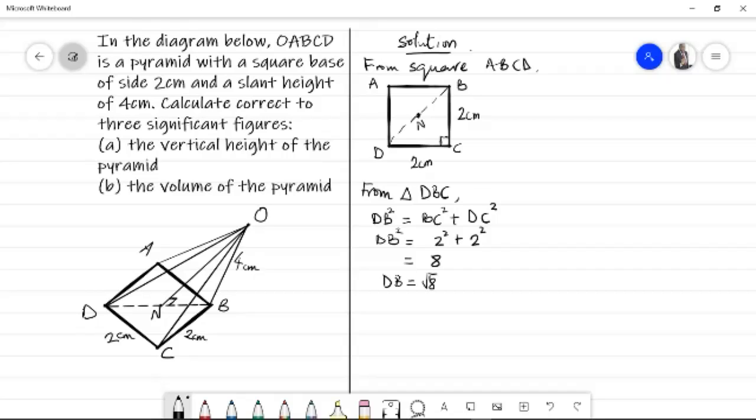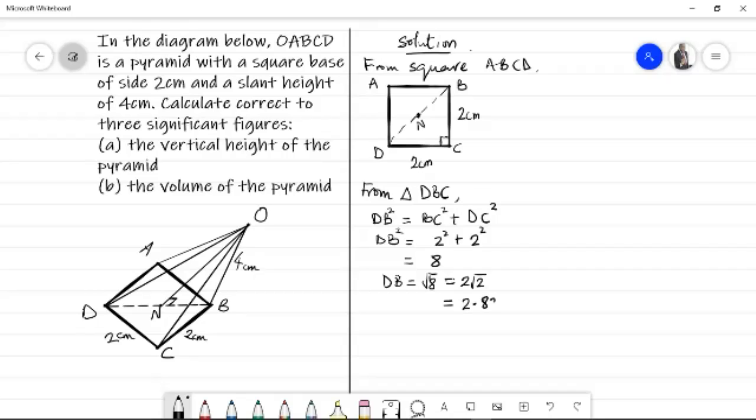The square root of 8 in short form can be seen as 2 root 2 if you simplify surdically. But in decimal, root 2 is 1.414, and multiplying that by 2, I get 2.828 centimeters.